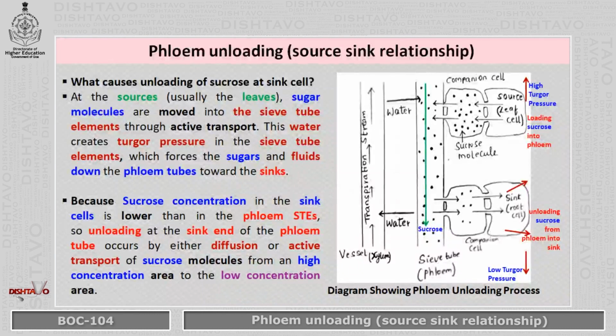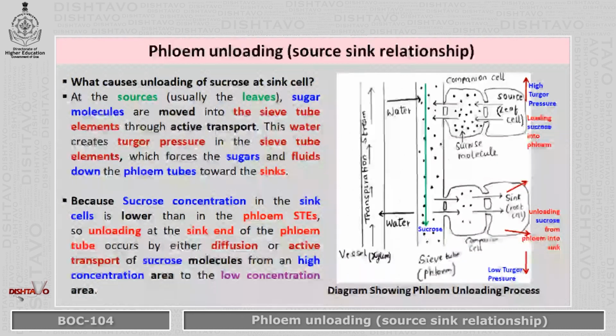What causes unloading of sucrose at the sink cell? At the sources, usually the leaves, sugar molecules are moved into the sieve tube elements. This diagram shows that the sucrose produced in the leaf is translocated into the sieve tube elements, and because of mass flow, the sugar is transported down the concentration gradient to the area of the sink.